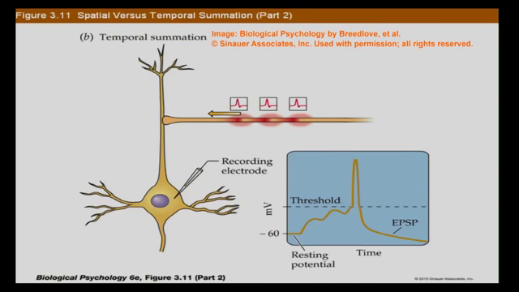So here's the example. Here we have inputs coming. They're strong inputs, relatively far away, but they could still reach the axon hillock. But there's 3 right in a row, and that's the input that's reaching here. And what we see if we're recording in the cell body is that first action potential is depolarizing the cell.